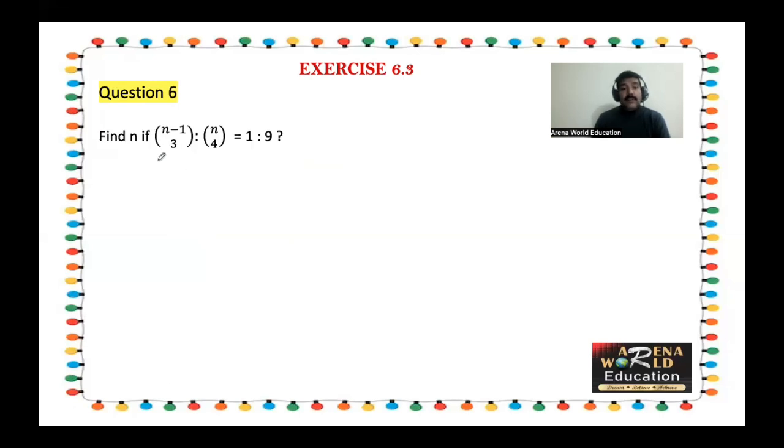Next one: find n if (n minus 1)P3 and nP4 are in the ratio 1 upon 9. So this is given, right?